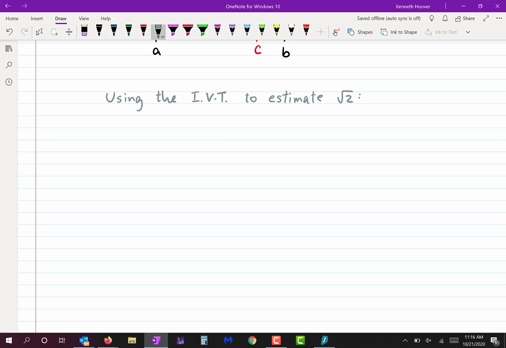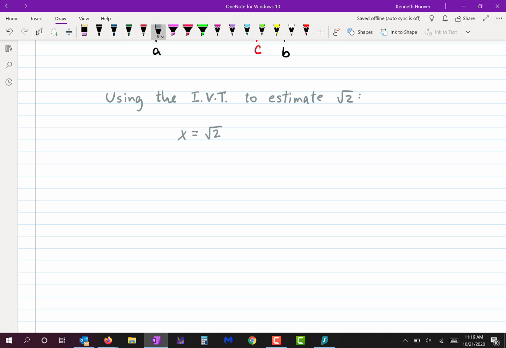Okay, so what you can do is you can say, all right, I want to figure out how big is the square root of 2. So in other words, let's write x equals the square root of 2. And we'll try to figure out approximately, we won't get it exactly, but just an estimation for x.